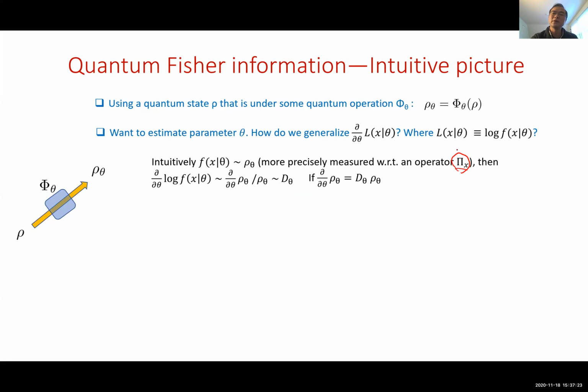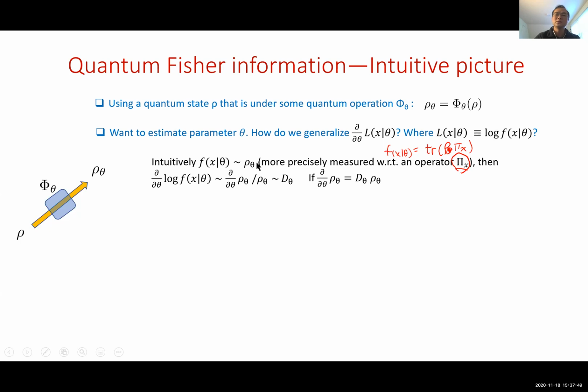So I would have to define a measurement operator, and then f of x given theta would be defined as the trace of the measurement operator on rho theta, when you perform the measurement and obtain the outcome x.